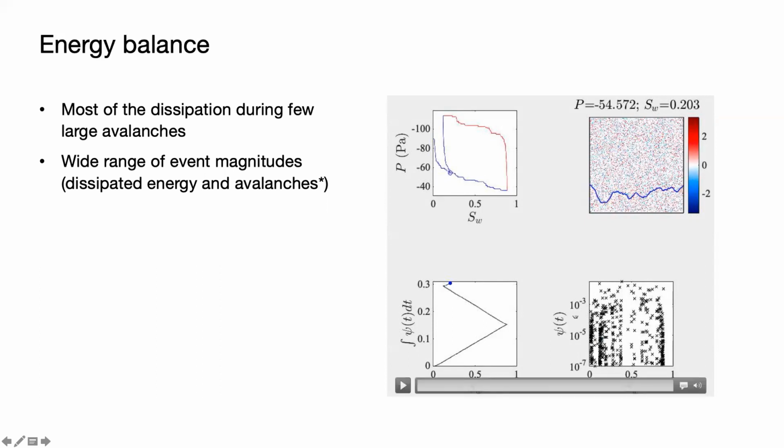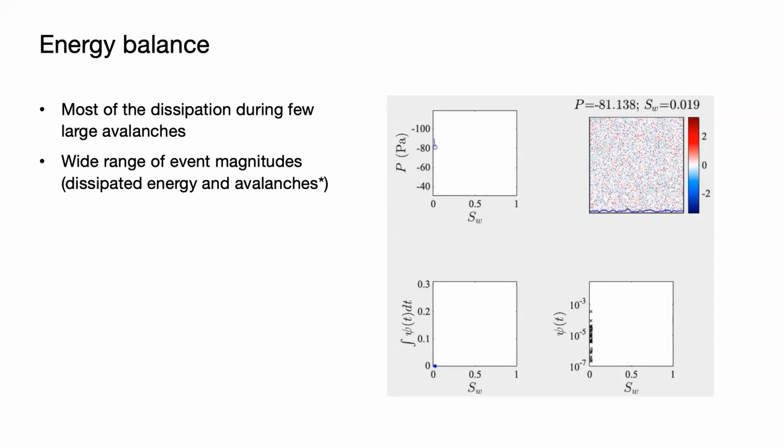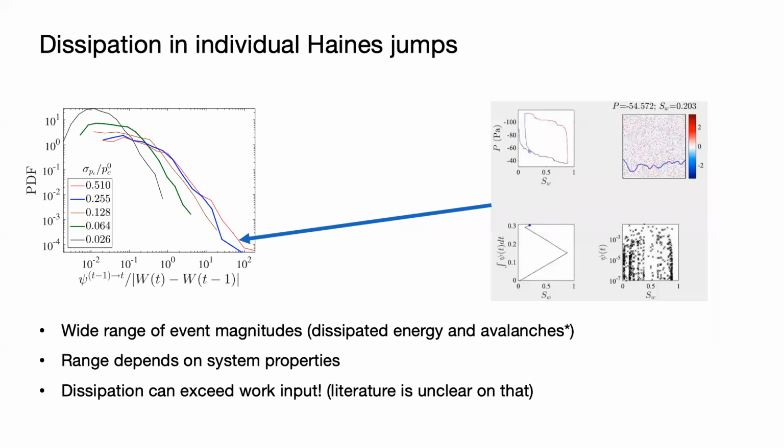What you also note here is this very wide range of magnitudes, both the energy dissipated and the avalanches. Avalanches I call the amount of saturation change in the jump. So, for example, if I plot the PDF of the energy dissipated in each jump, so this dψ, normalized by the absolute value of the amount of work that is performed or reversed back to the system during this jump.